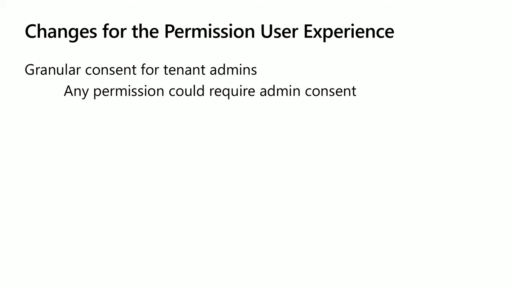Today, there's already a functionality that says, I'm a tenant admin, I'm turning off user consent. That means that no application, no matter what permission it's asking for, gets to run without a tenant admin saying, I bless this application. Again, they're deciding if they trust the developer or the organization the developer works for or what have you to say, yes, I trust this developer with the information they're getting on behalf of my users.